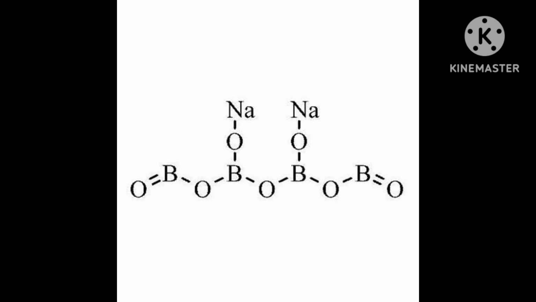Now you can see the reaction. Three molecules of diborane, 3B2H6, plus 6NH3, give 3 molecules of [BH2(NH3)2]+, that is the 1 plus cation, and BH4 1 minus, that is the anion.